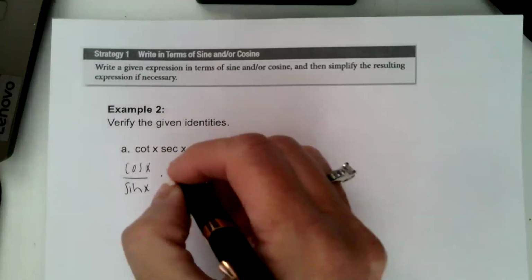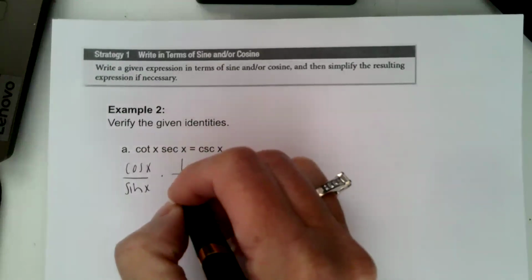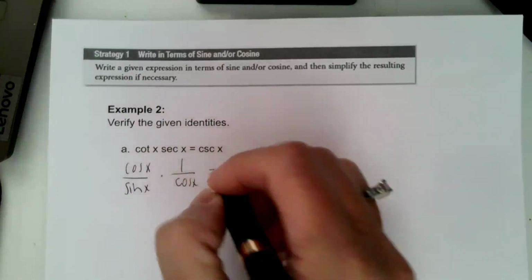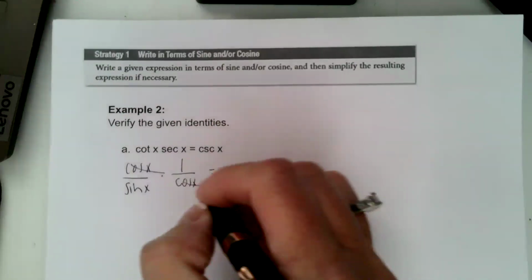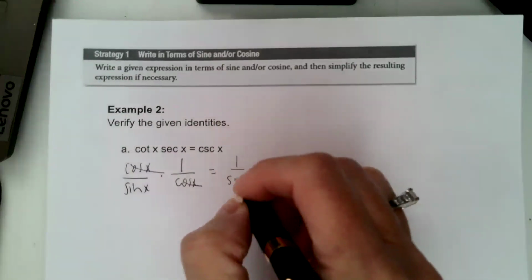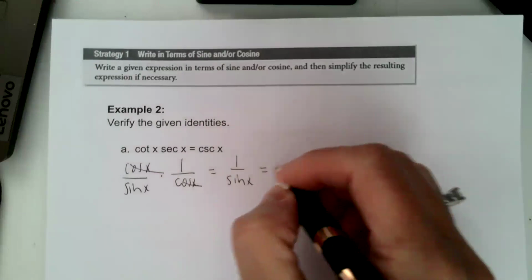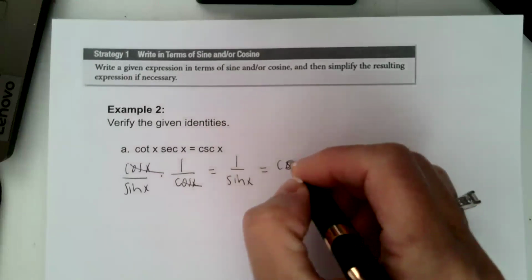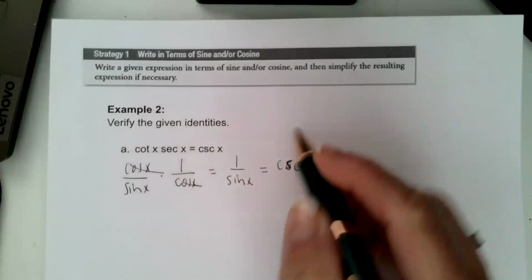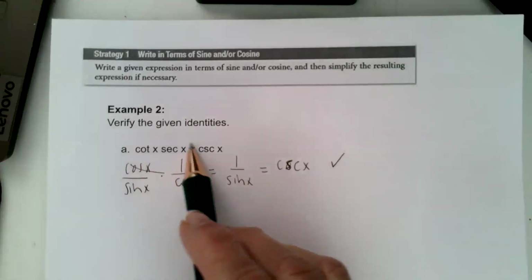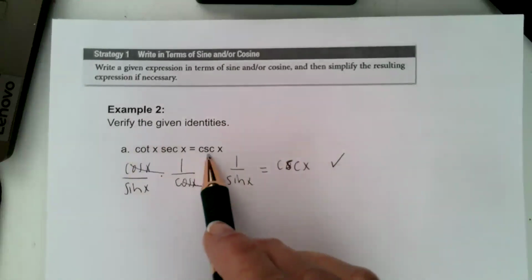And secant x is 1 over cosine x. And those cancel out. So I have 1 over sine x. And that does indeed equal cosecant x. So I manipulated the left to equal the right.